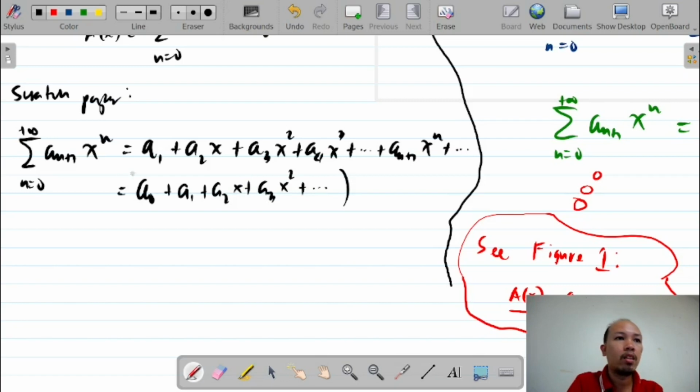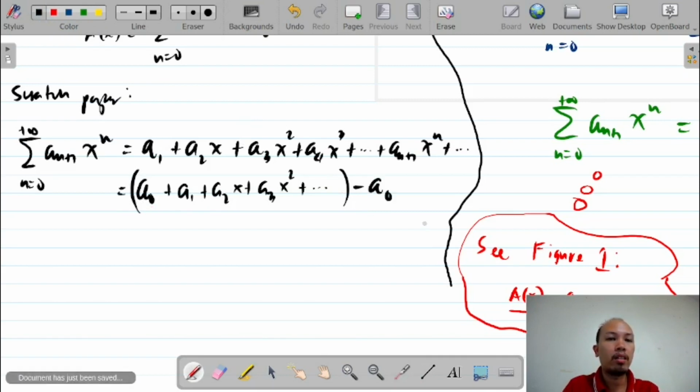Okay, since we add a sub 0, we have to subtract it somewhere. Okay, we have to subtract here a sub 0 so that it will be equal to the original, to the given.